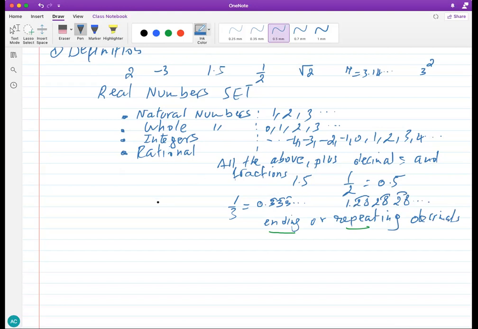So that's called rational. And the opposite of this is when the decimal doesn't end and it doesn't repeat, meaning just random digits after the decimal. No end, no pattern, just random numbers. That's basically the opposite of rational. What is the opposite of rational?